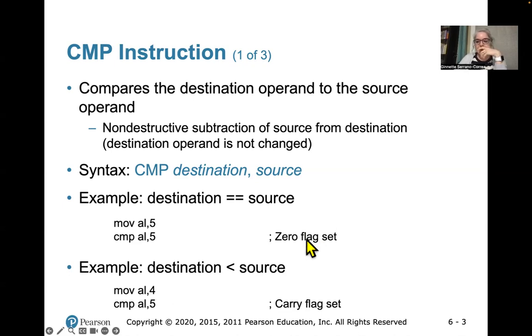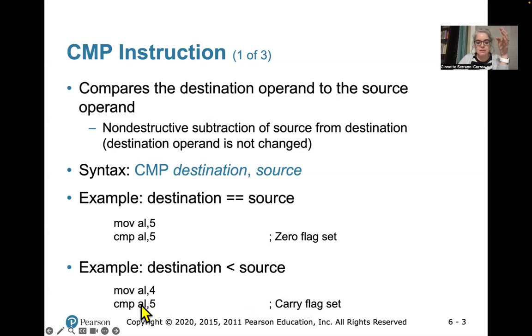So with the compare, what you have to remember is which flag gets set. And that is something that you're going to have to commit to memory. So maybe make yourself some notes for this part. So compare, equal destination, equal source, zero flag gets set. If destination is less than the source, the carry flag gets set.